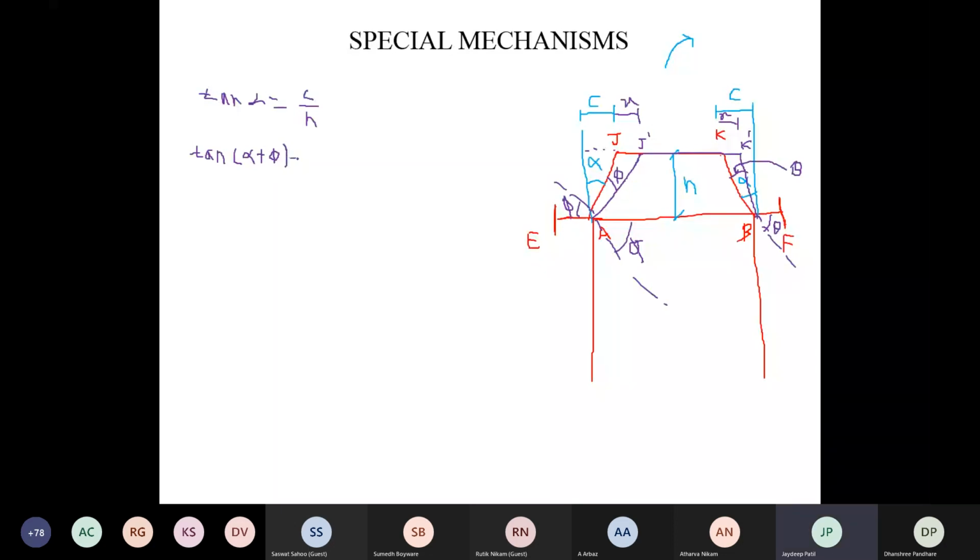Tan of alpha plus phi is equal to C plus X upon H. Correct.